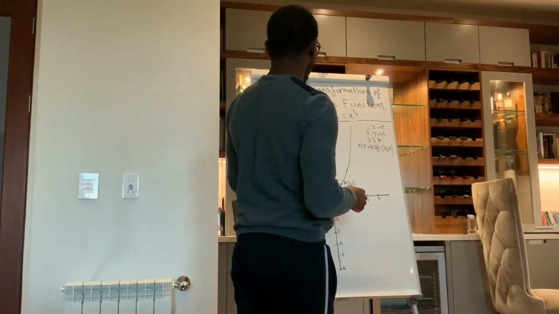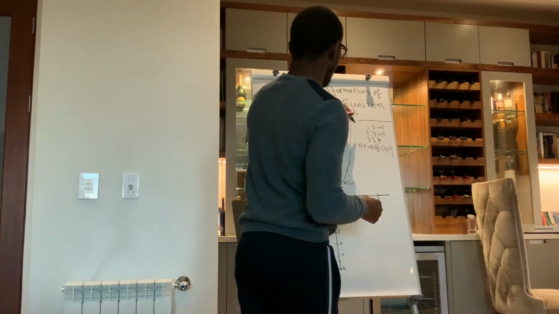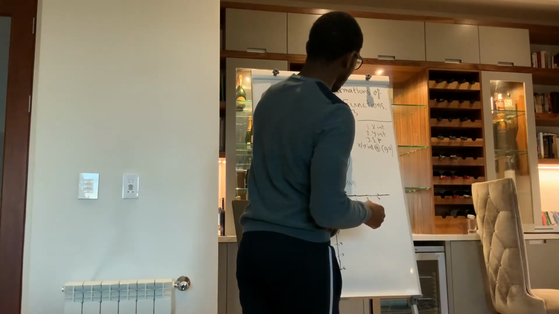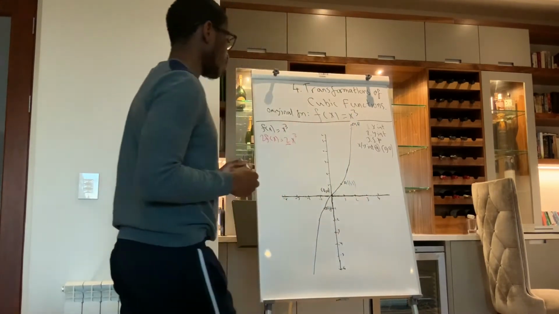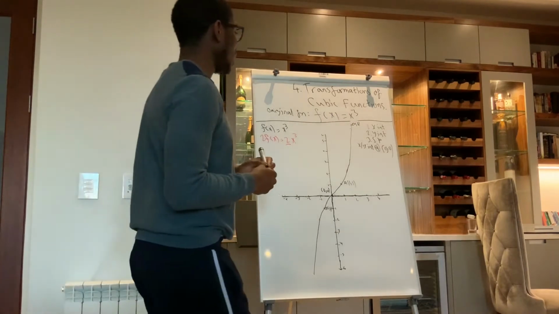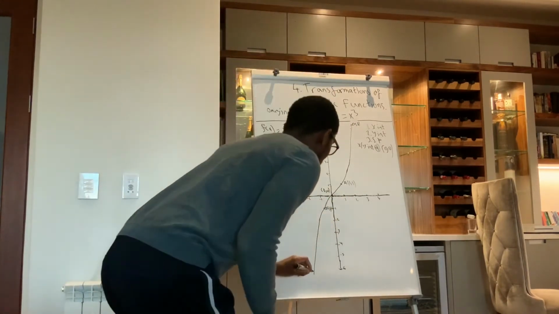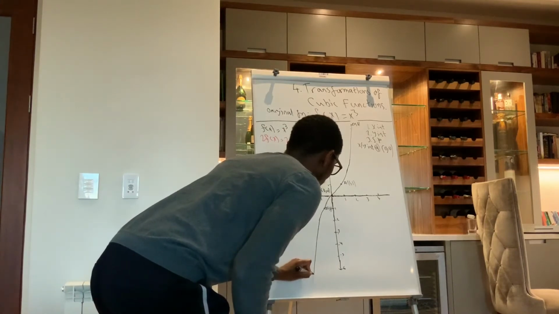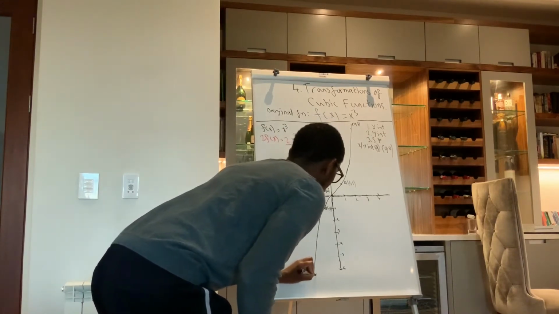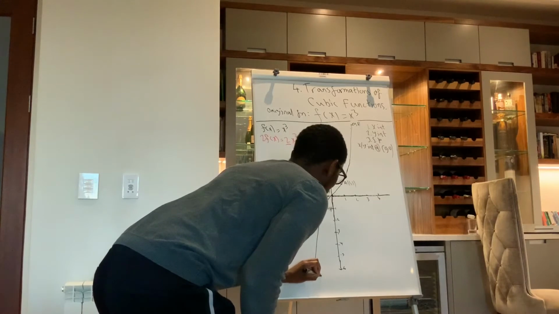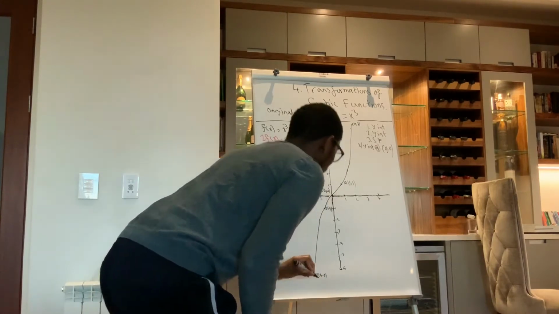When we plug 2 in, 2 cubed, we get 8. That's somewhere up here, and that is a point C at (2, 8). And then we look at the point D, which is going to be when x is negative 2. And it's going to be out somewhere here, and that's going to be (-2, -8).